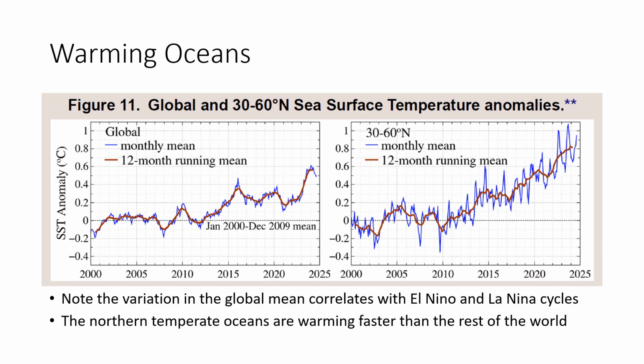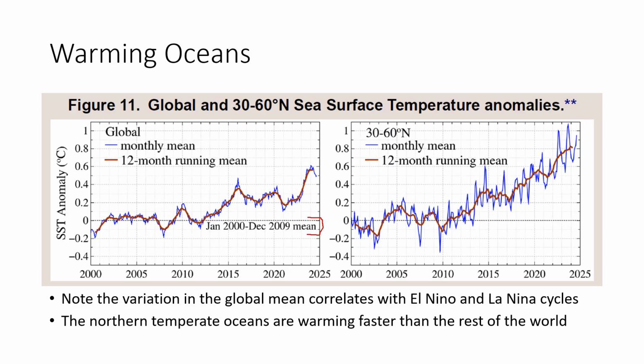So I mentioned that coral bleaching is primarily due to increasing ocean temperatures, and that is what we're seeing in these two graphs. Over on the left, we have the global average ocean temperature, and we are seeing that it is increasing. The baseline, this dotted line, is the 2000 to 2009 average.